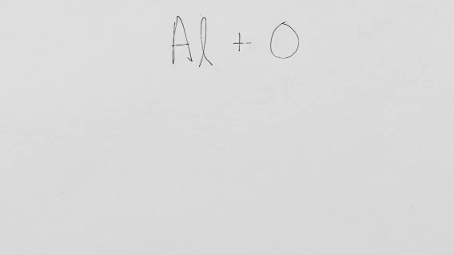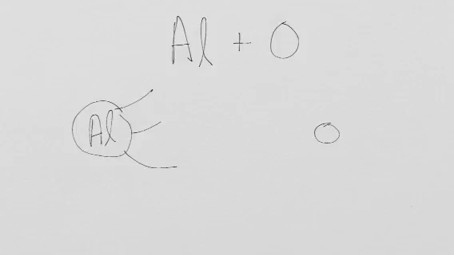But this guy's a little bit different. Because for this guy, we've got our aluminum, our Al that's got its 3 hooks, right? And then we have this oxygen here that's got 2 hooks. Whoa.